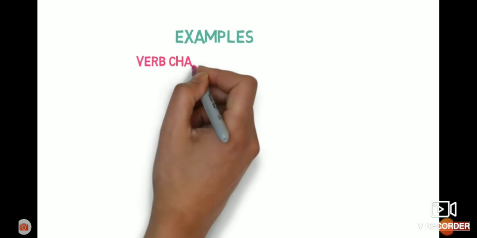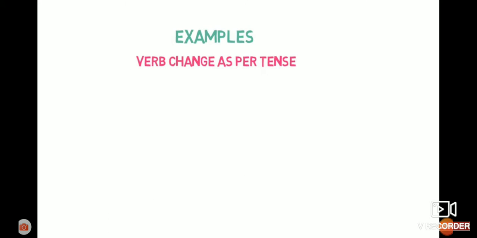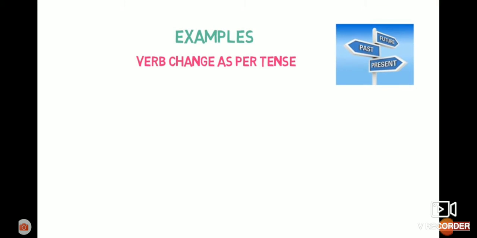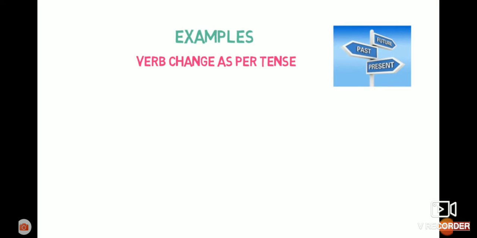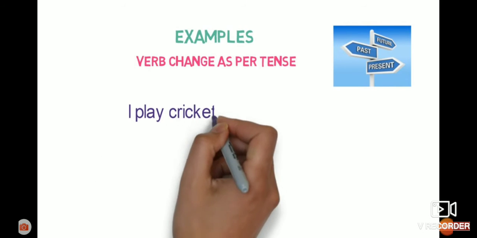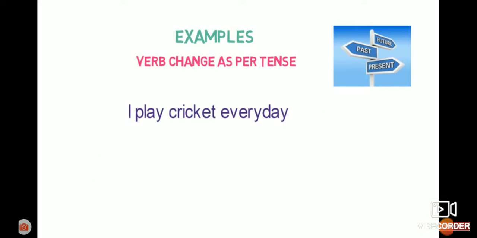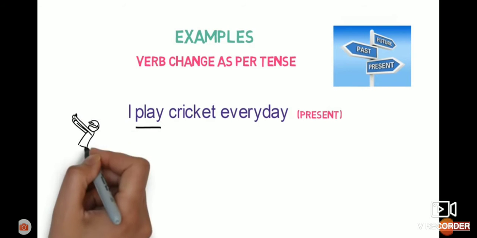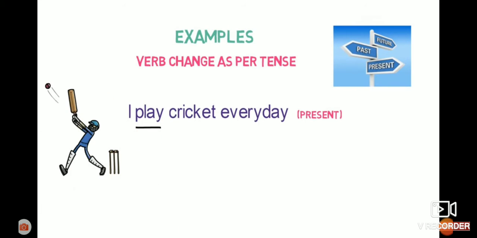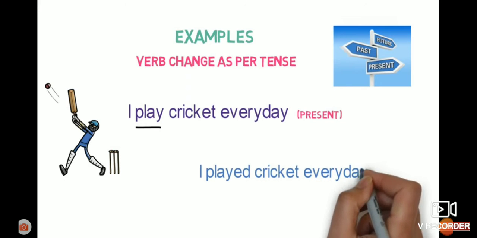Examples of verbs that change as per tense. That is, whether the sentence is in present tense, past tense, or future tense. I play cricket every day. This sentence is in present tense. Here the verb is play. Let's look into another sentence. I played cricket yesterday.